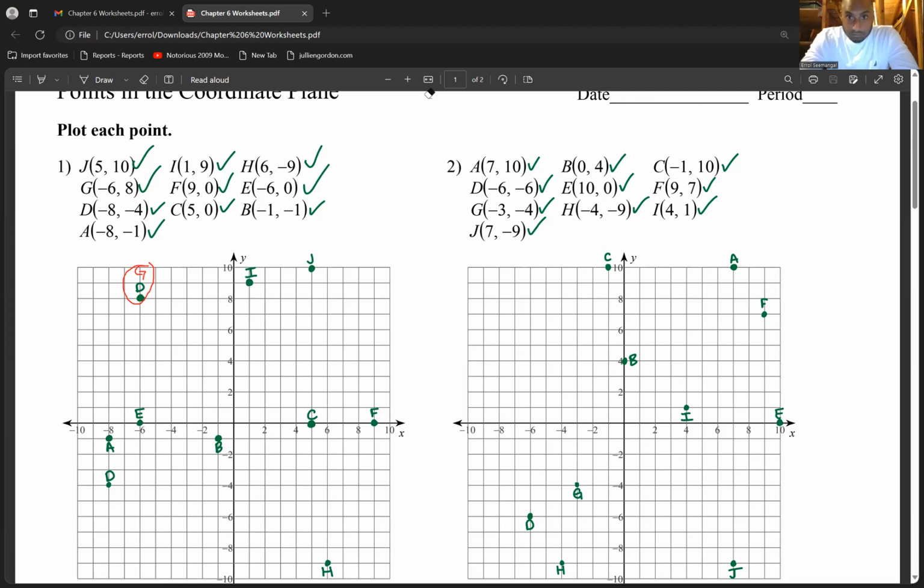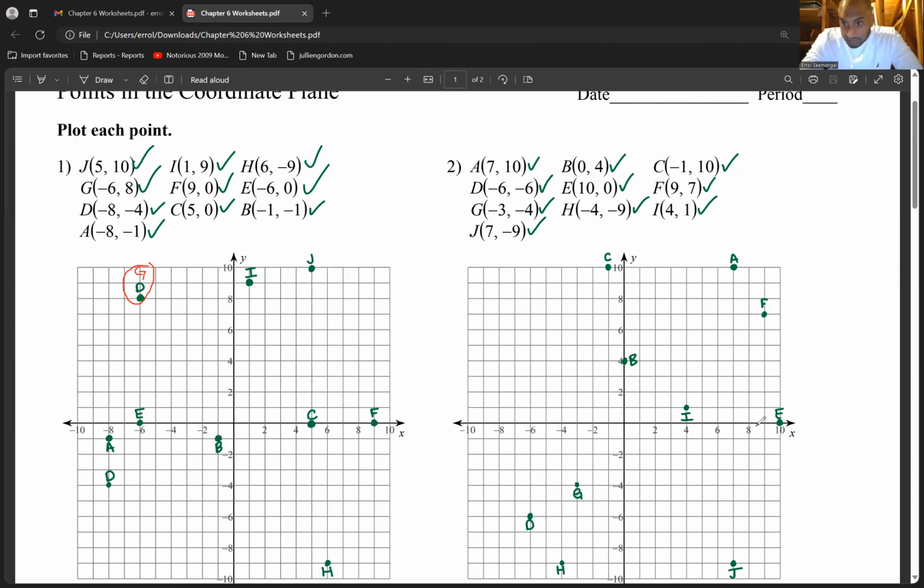Number 2, let's see what you got. A, (7, 10), that one's good. B, (0, 4), that one's good. (-1, 10), that one's good. D, (-6, ...), that one's good. (10, 0), that one's good.